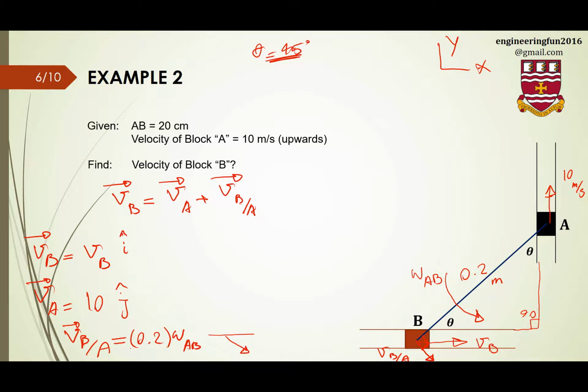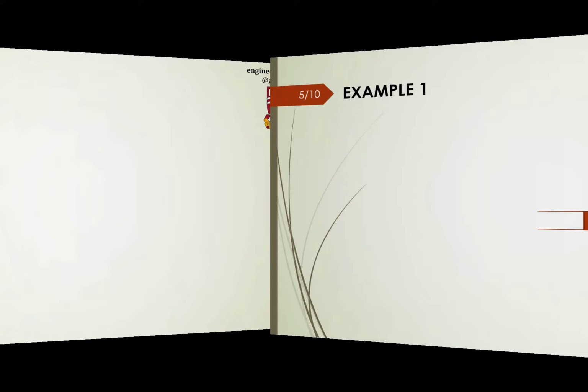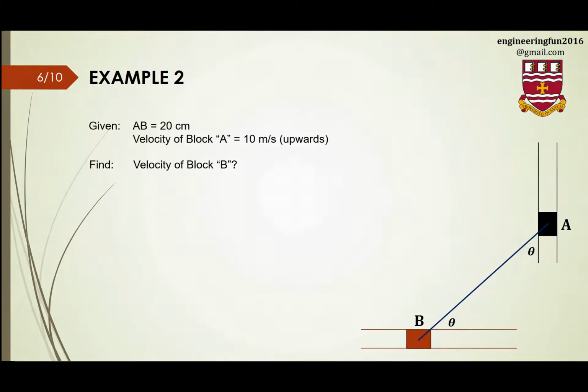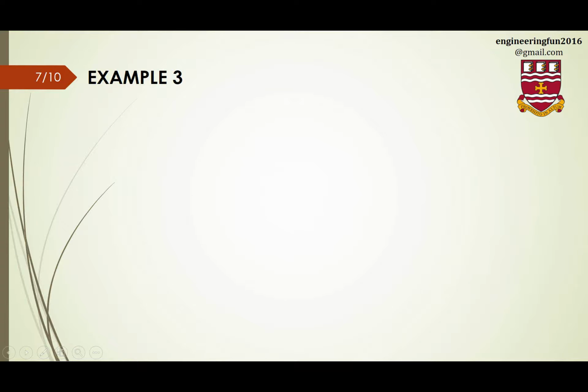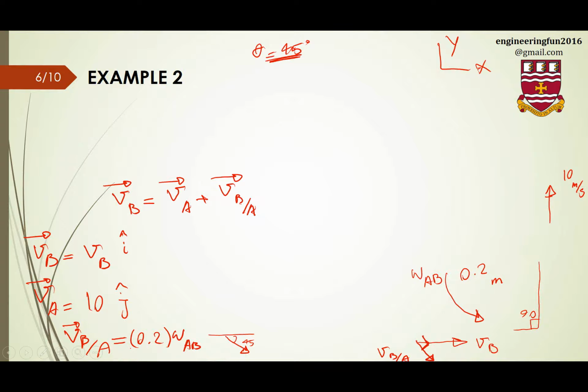Or the examiner could give us the amount of theta, but we could find it from the dynamics of the system. Okay, so if this is 45, this is 45, so this angle is 45.